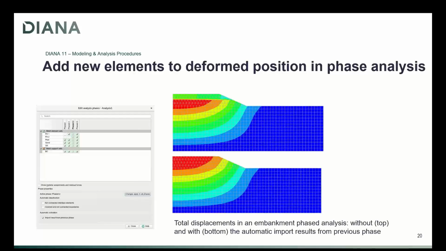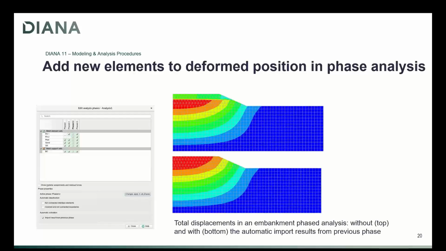To solve this, in past DIANA versions we had something called deform import load, but it was very cumbersome to define and apply. In DIANA 11, we have made it fully automated. Like you see, we have a checkbox for it, and that's all.